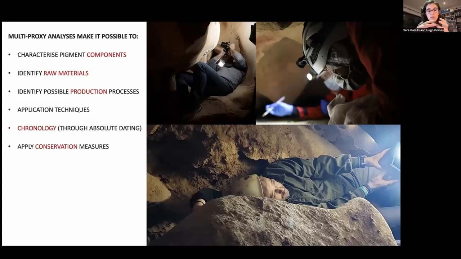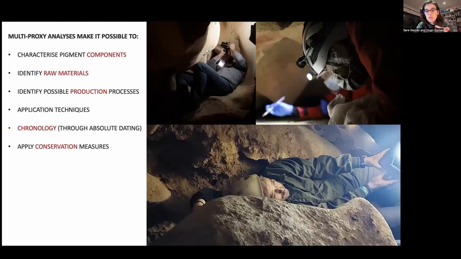The application techniques are also very important because they can help define the chronology, and then we can mix with absolute dating and other comparative methodologies. And in the end, with a broader knowledge of a rock art site, we can apply conservation measures.